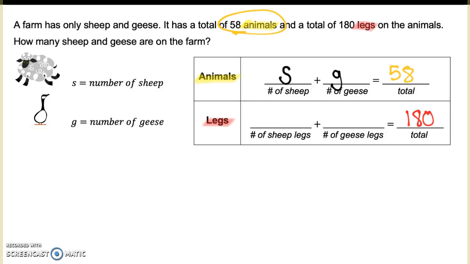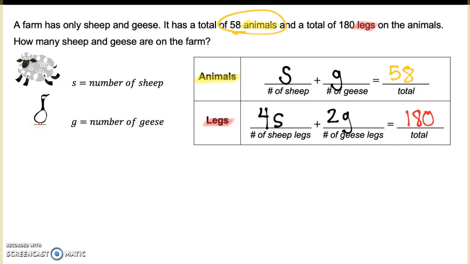So we can write down 4 times S because it's 4 legs for every sheep, plus, well, each goose has 2 legs. So we can write down 2 times G, and that's going to give us the number of legs total from all the geese. And so now this is our system of equations.